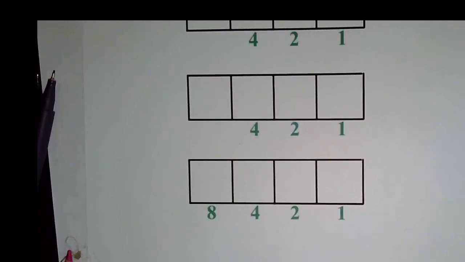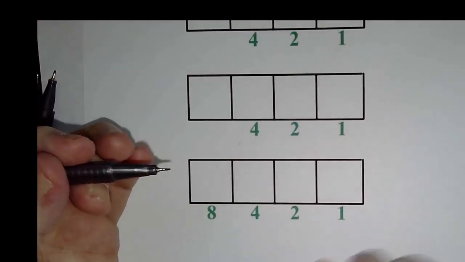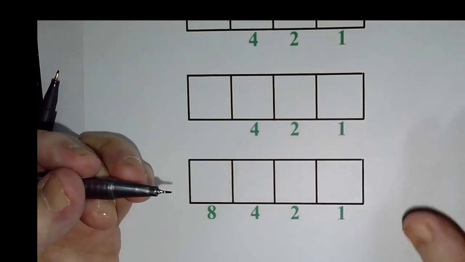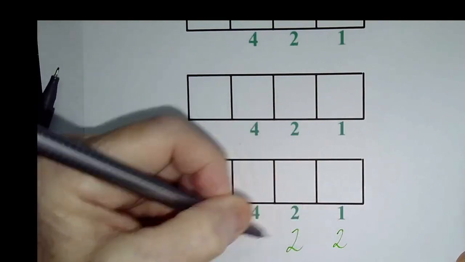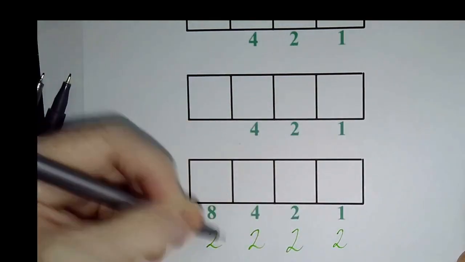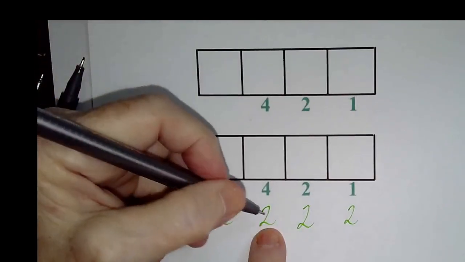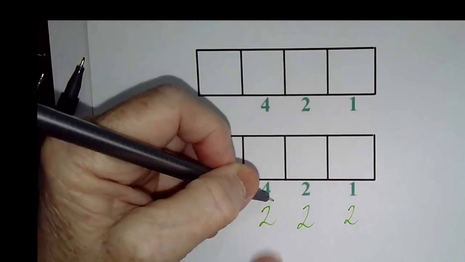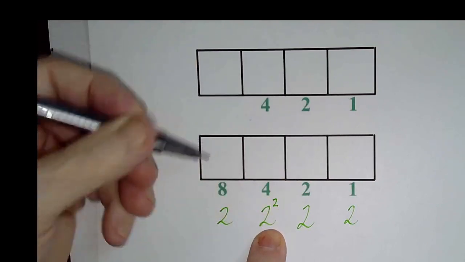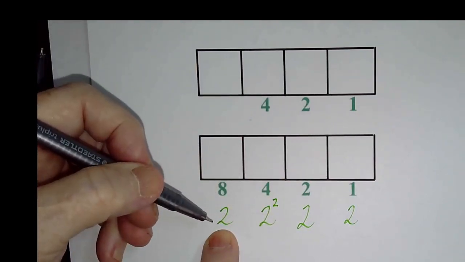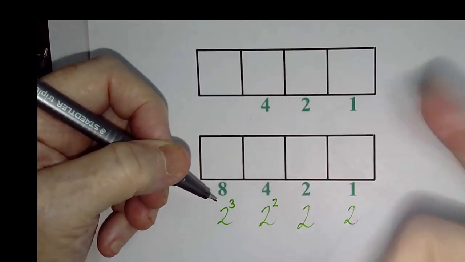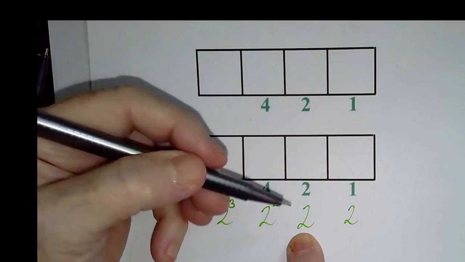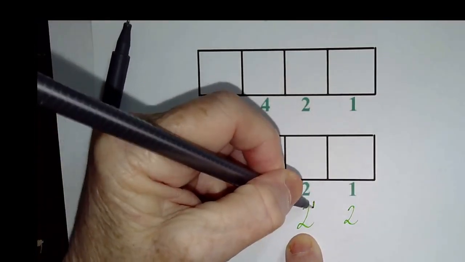Since this is a 2-to-1 rule, let's see if we can write each of these numbers as 2 to some exponent. So 2 to something, 2 to something. Well, these larger ones are easier. I know that 2 times 2, or 2 squared, is 4. And 2 times 2 times 2, or 2 cubed, is 8. Oh, that's right. 2 to the 1 power is just the same as 2.